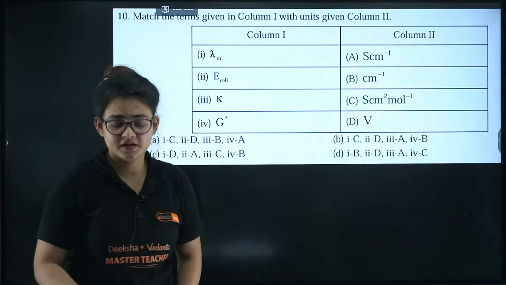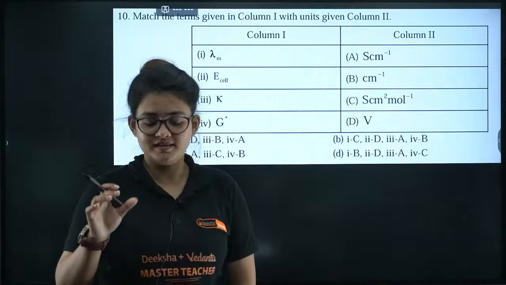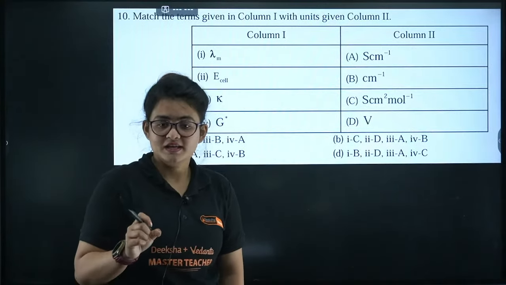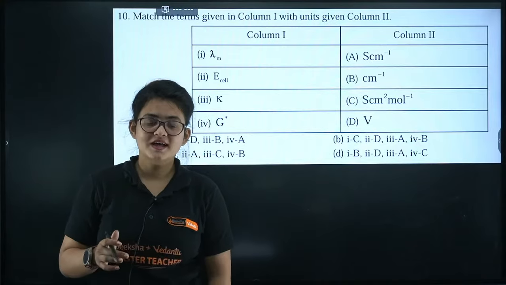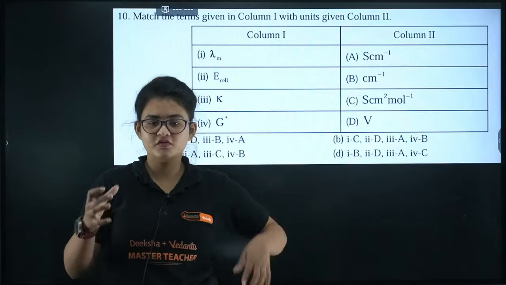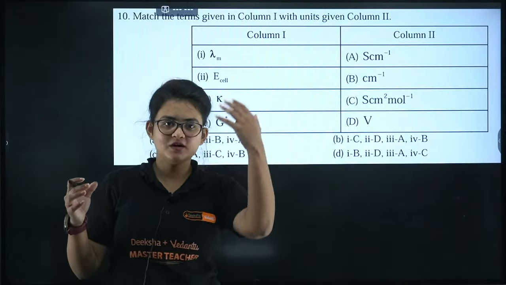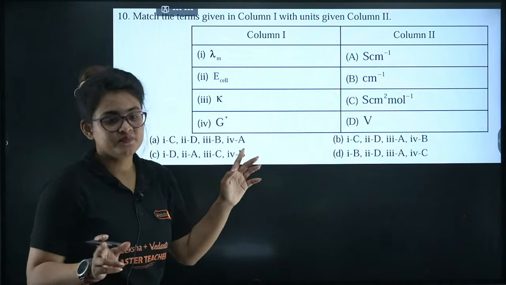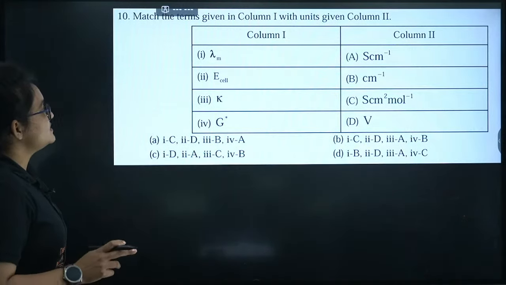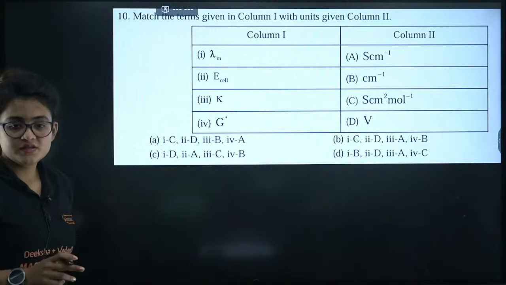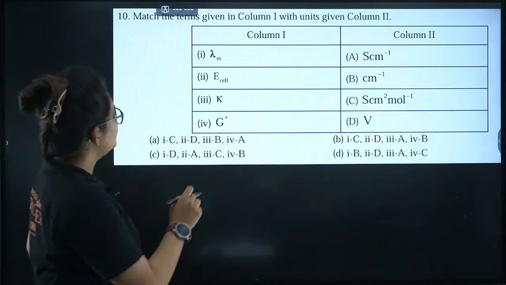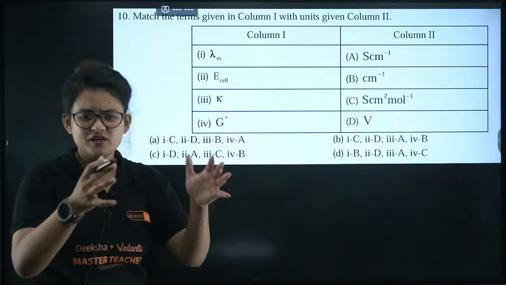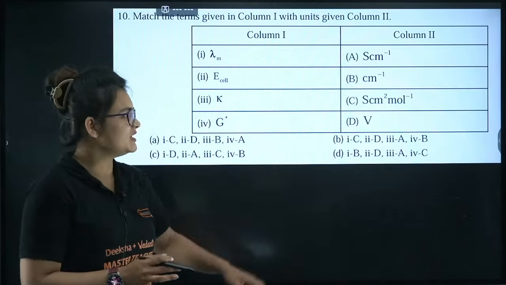Here you can see units. It's one of the most important things in chemistry. Okay, so you can't even ignore it, and if you ignore it, your full effort is going to be in the water. So don't ignore them, in the electrochemistry chapter majorly. First you can see lambda m means molar conductivity. I'm not going to derive the unit, I'm just simply telling you the unit here.